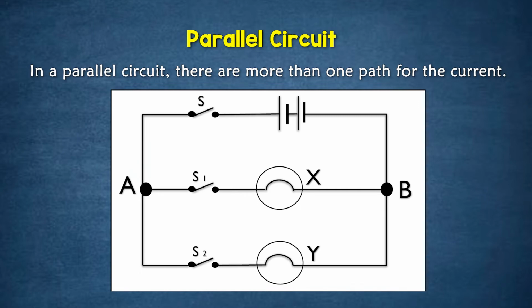It controls the whole circuit. Neither lamp can be switched on unless the master switch is on. Try to trace the circuit path for yourself. Look at that diagram. Try and draw that diagram in your notebook and trace the path with your pencil.